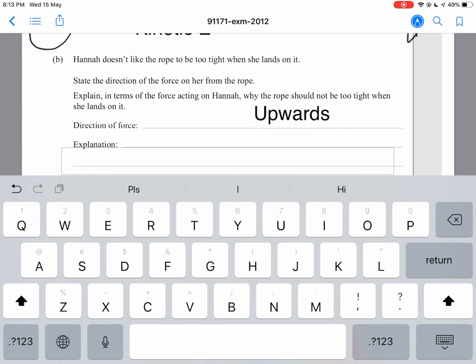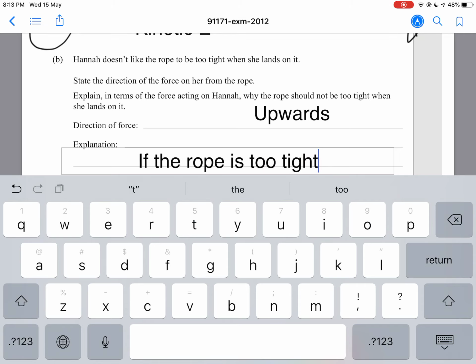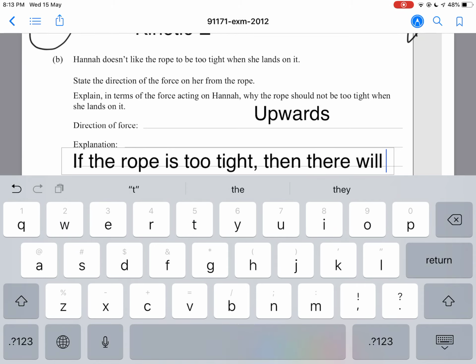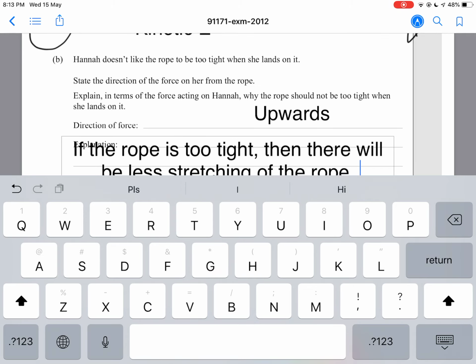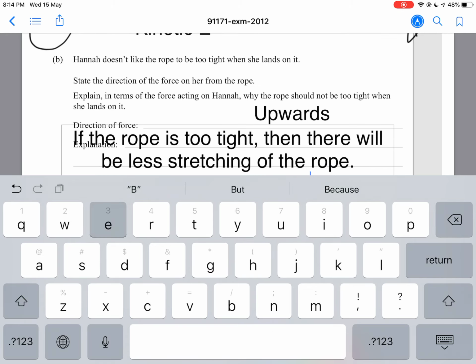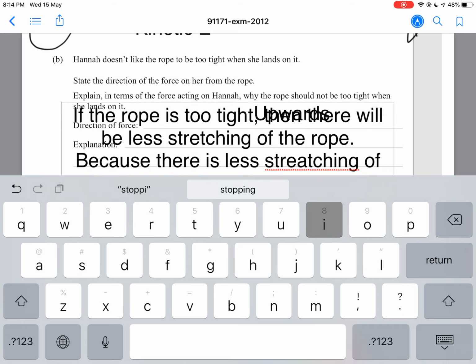We're going to start with, okay, so if the rope is too tight, then there will be less stretching of the rope. Because there is less stretching of the rope, there would be a lower stopping time.